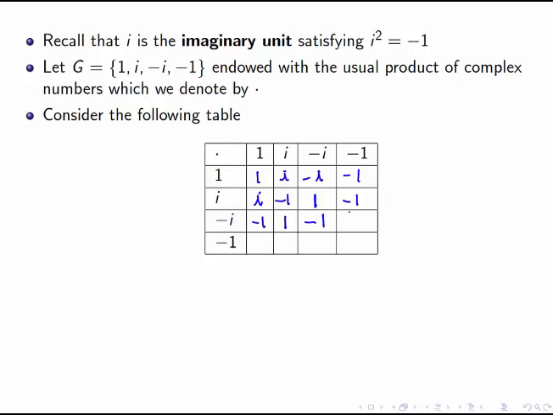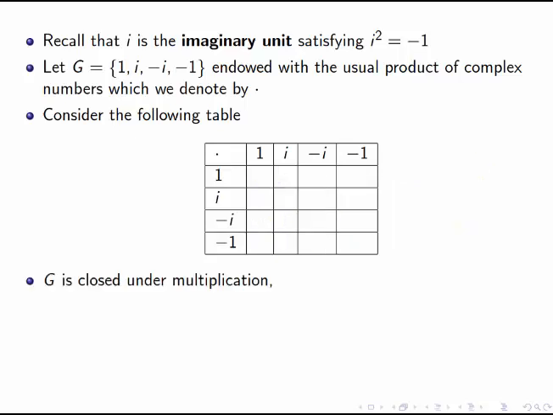This is going to be i, -1, i, and then 1, right? So you can see here that for every x and y in G, x times y is also in G. So this shows closure under complex multiplication.